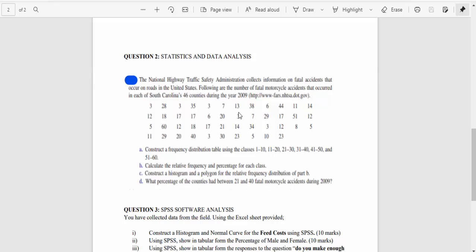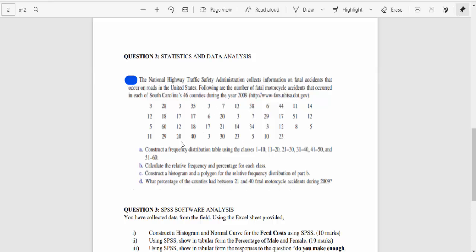So this is just a random question which was taken from one of these books. It says the National Highway Traffic Safety Administration collects information on fatal accidents that occur in the USA. Following are the number of fatal motorcycle accidents that occurred in each of the South Carolina 46 counties during the year 2009.